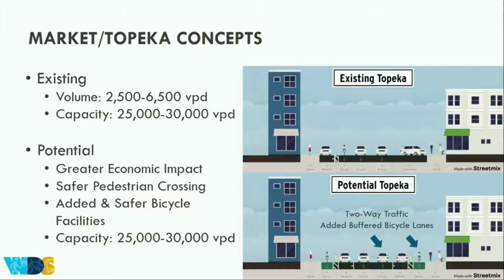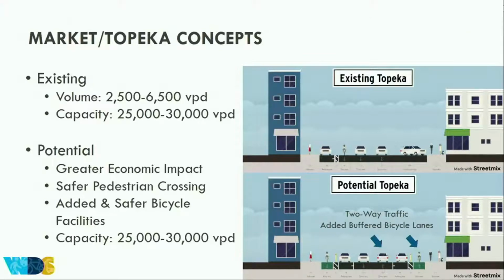So Market and Topeka. So you can see the existing traffic volumes there in terms of 2,500, 6,500, depending on where you are. The capacity with the existing number of lanes is 25 to 30,000 vehicles per day. So the concept here would be to take it to a two-way street.